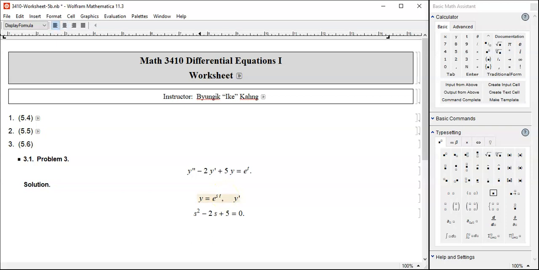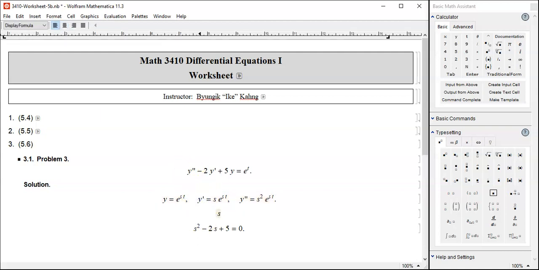Then it is s e^(st). y'' is s^2 e^(st). So if you plug everything in there, what do you get?